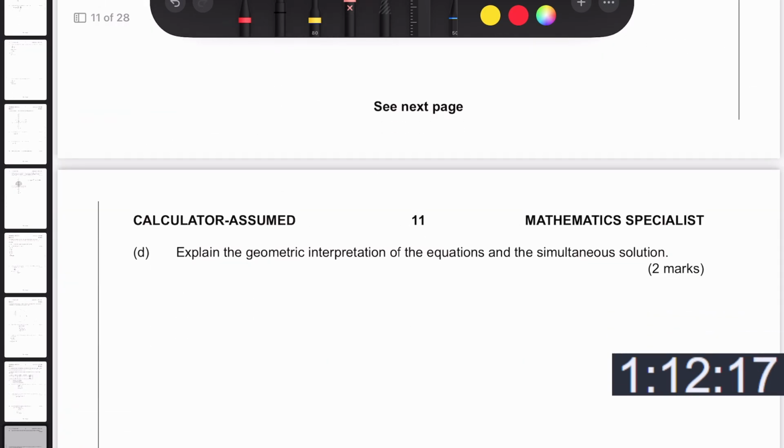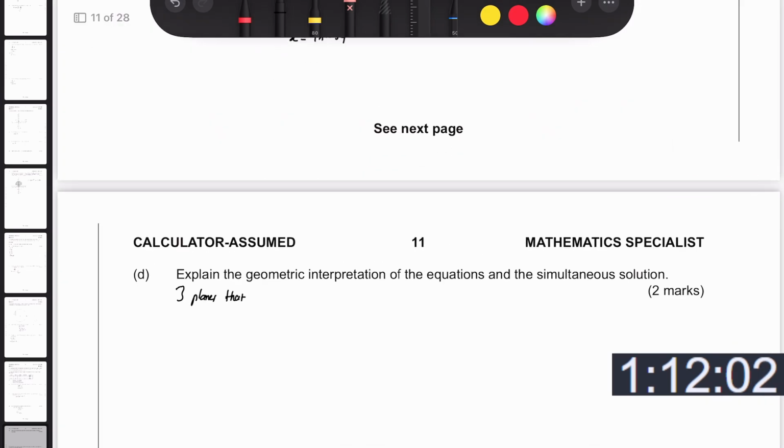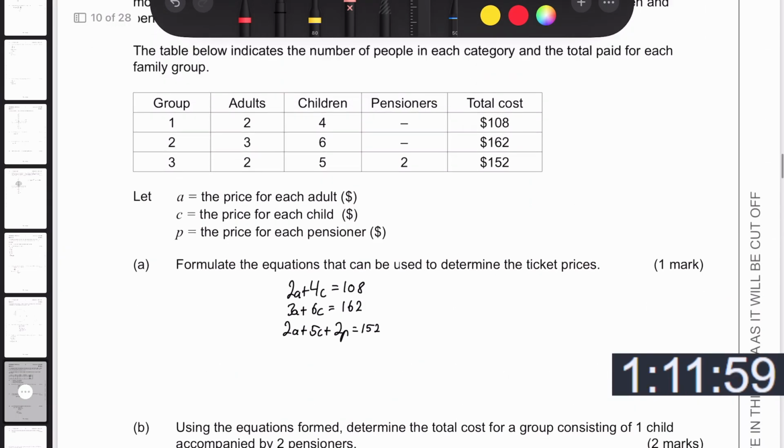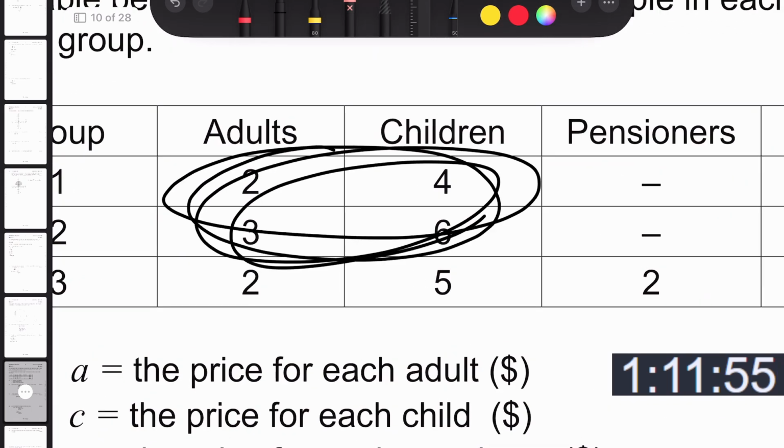Explain the geometric interpretation of the simultaneous equations. So since there are infinite solutions, three planes that intersect, so these two planes are parallel to each other.